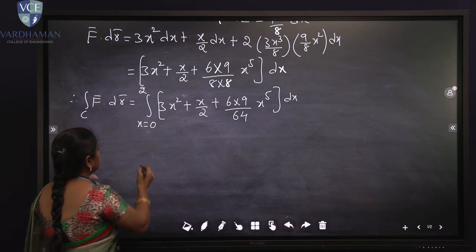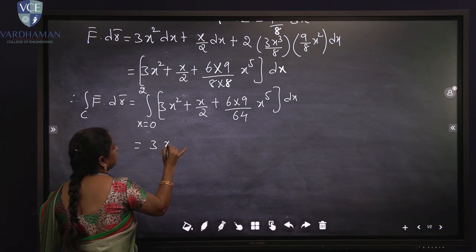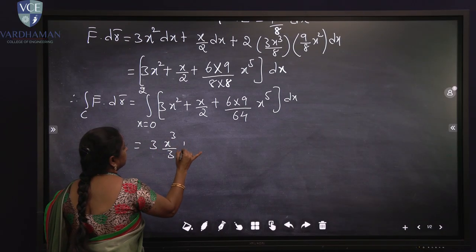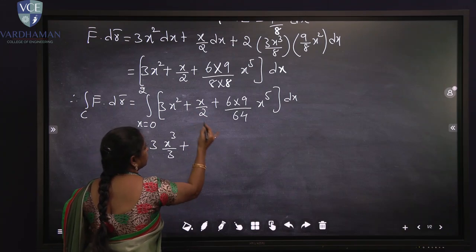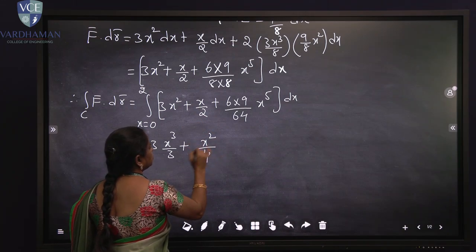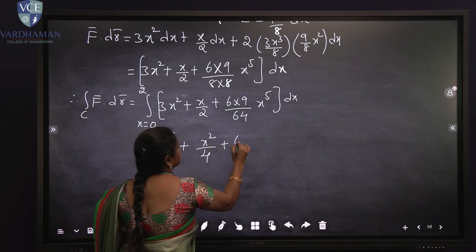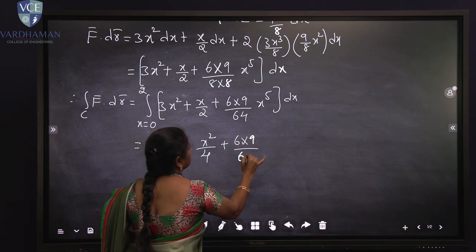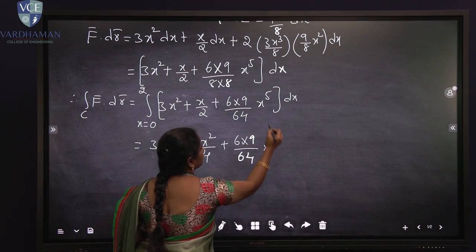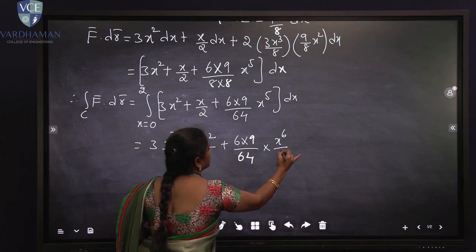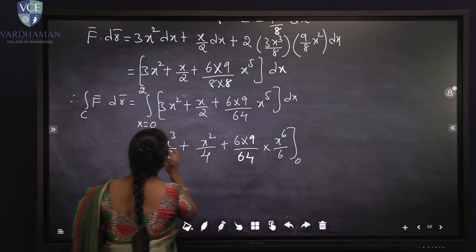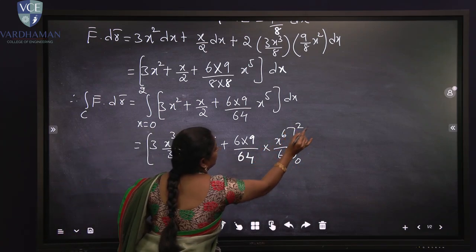Now, if we do the integration, we get 3x cube by 3, x will become x square by 2, so we get x square by 4, plus 6 into 9 by 64 into x to the power of 5 will become x to the power of 6 by 6. Limits are 0 to 2.